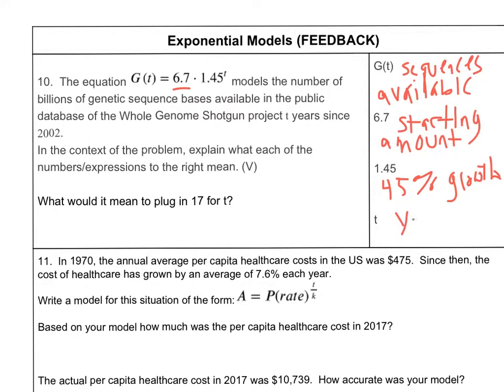And t is going to be years since 2002. If you were to plug 17 in for t, that means 2019 and how many available sequences.